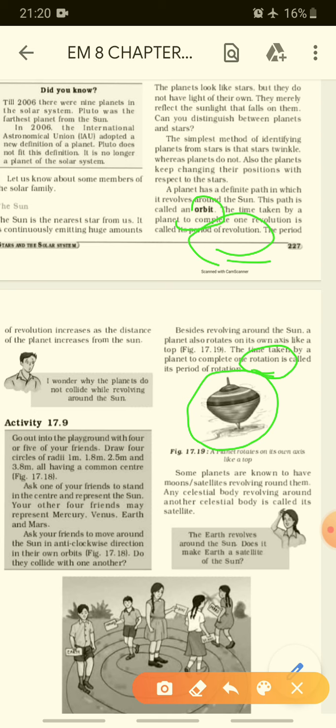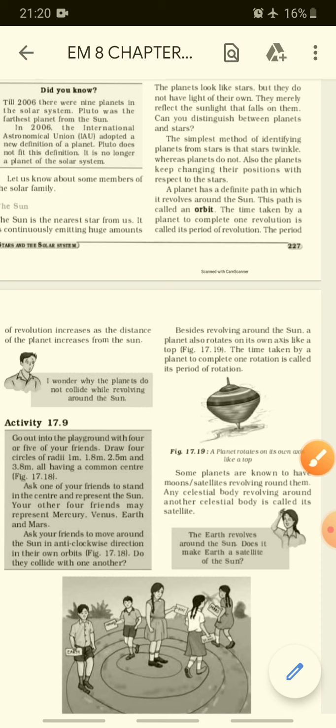Same way, what is the rotation of the planet? We all know that all the planets revolve around the sun, which is in the center. Now, the time taken by a planet to complete one rotation is known as the period of rotation.